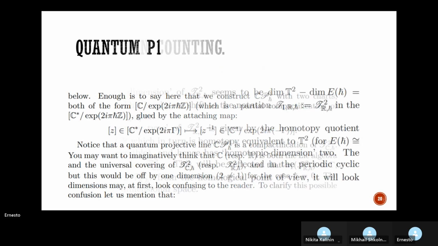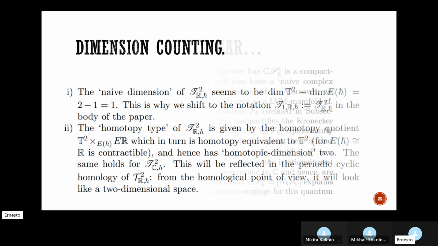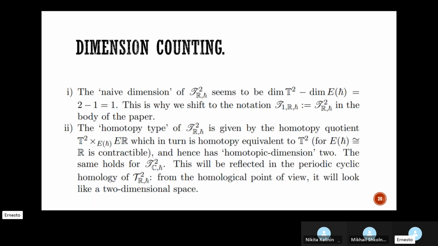And again, I have already talked about this dimension counting in the past. I will just say that because we have this T2 and this action of C given by H bar in T2, this is dimension 1, so a very naive counting would give you 2 minus 1 equals 1.